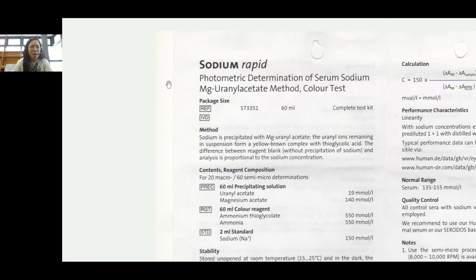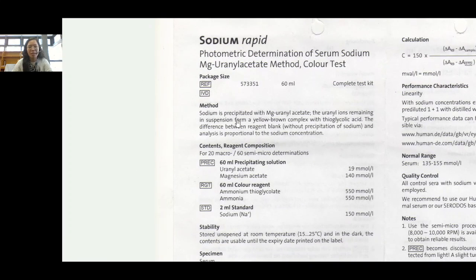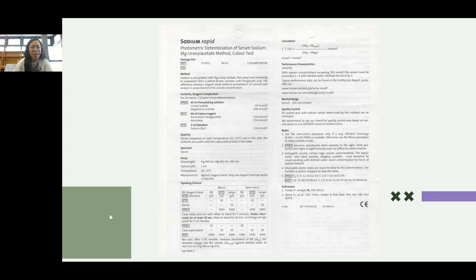Although, I guess the problem for us now in the clinical chemistry lab is that there is really no specific reagent mentioned in terms of what is being used for sodium. So let us just stick with your analyzer brand. And as you can see here, kids, this is of course a chemical method. What is used here in the chemical method for sodium is the magnesium uranyl.